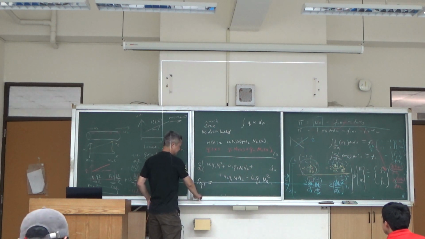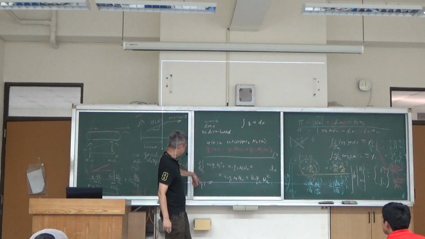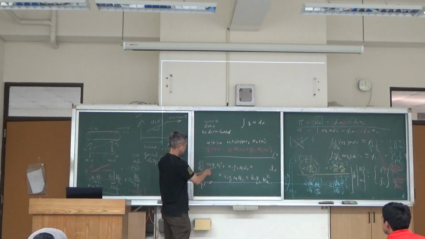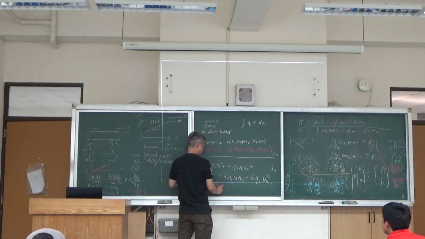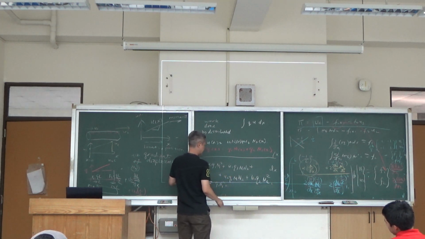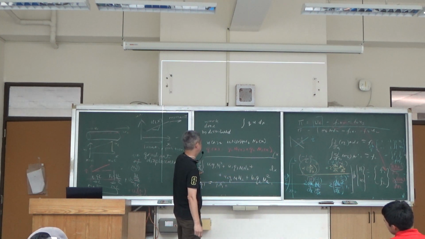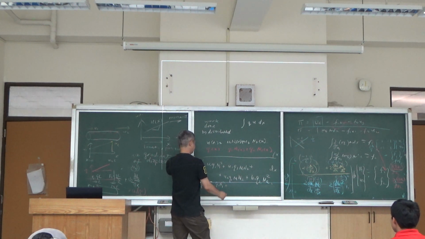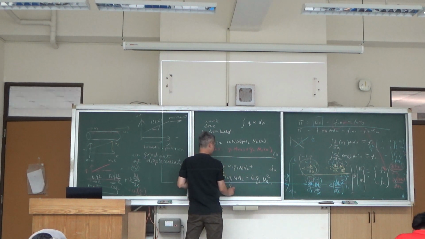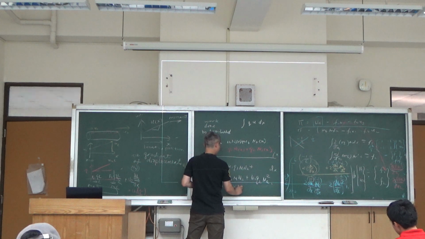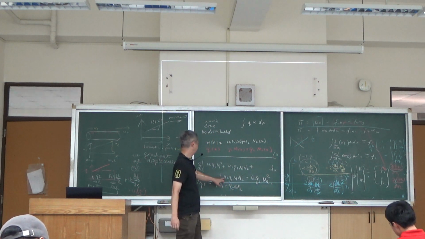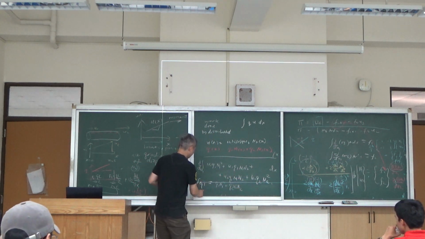If I'm going to do the partial differentiation with respect to U1, the first term is going to be Q1 N1 squared. The second term is your Q2 N1 N2. Does it have to do with the second term? No.